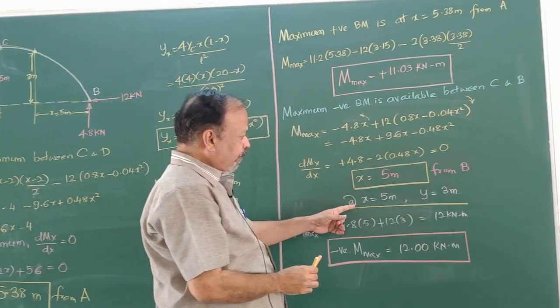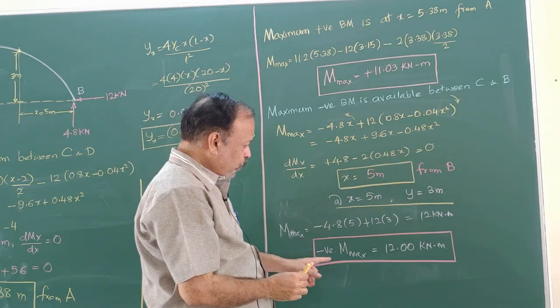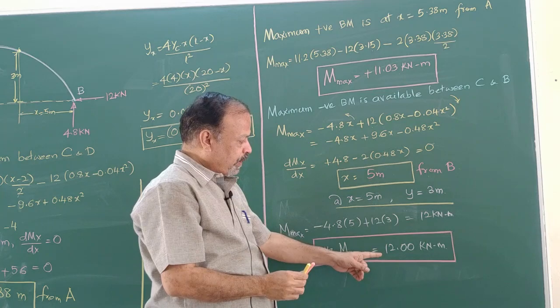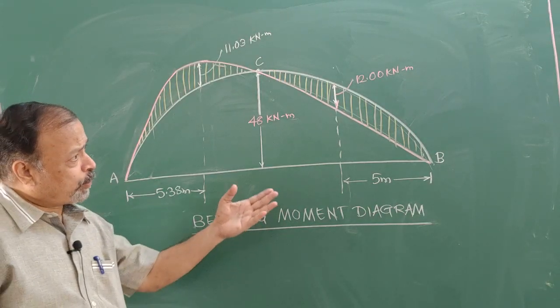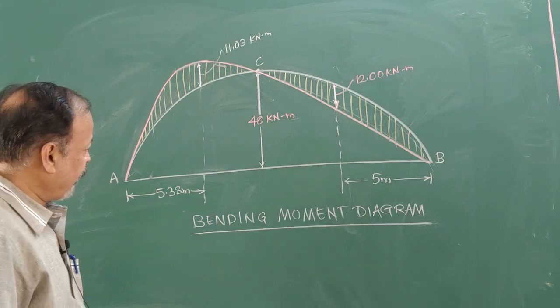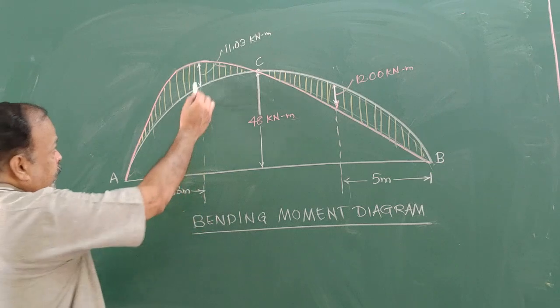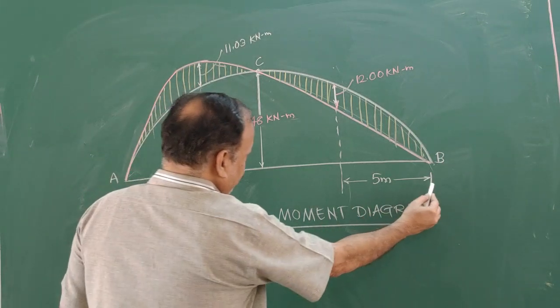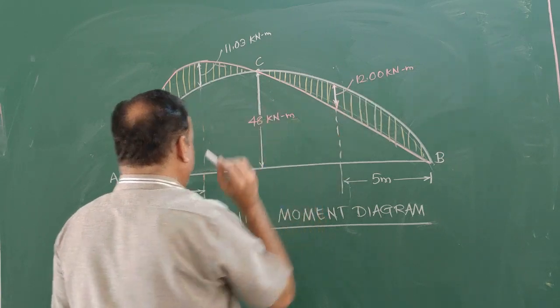So putting the value of x and y, the maximum moment will be equal to 12 kilonewton meter, which is negative. After calculating the positive and negative bending moments, let us draw the bending moment diagram. We have seen that at 5.38 meters the bending moment is maximum positive, and at 5 meters from the right hand side the bending moment is negative, that is 12 kilonewton meter.